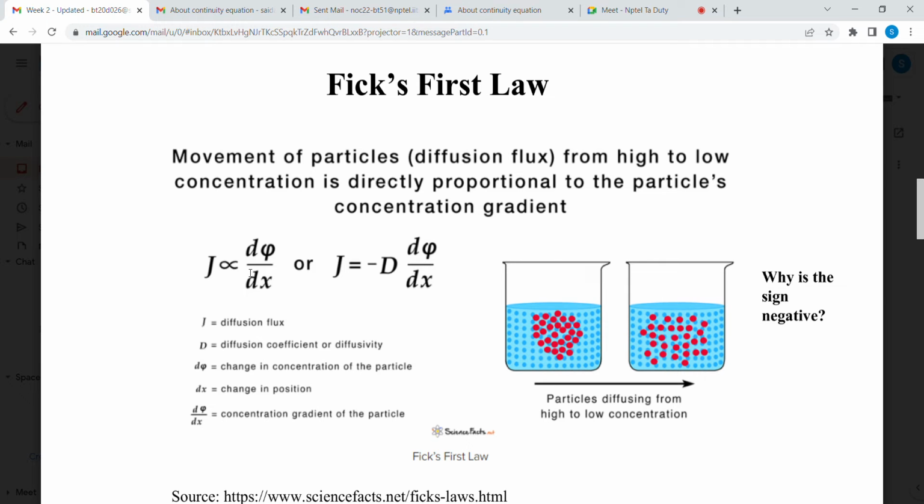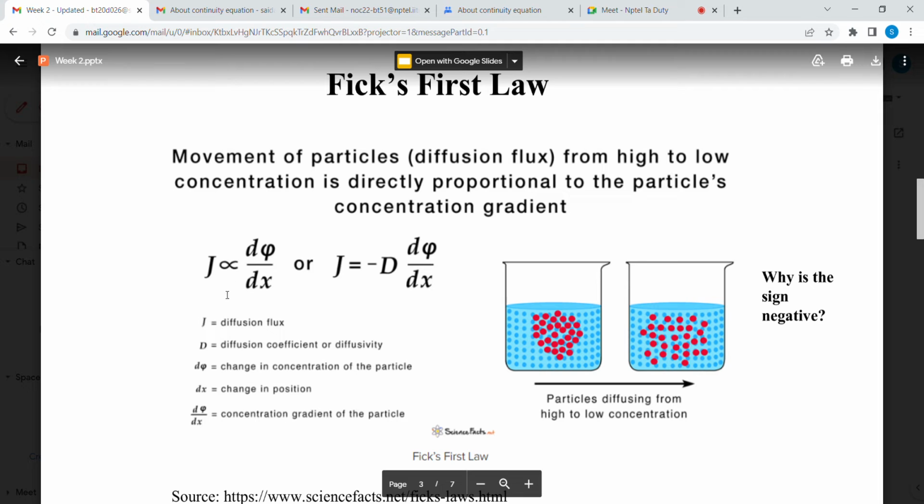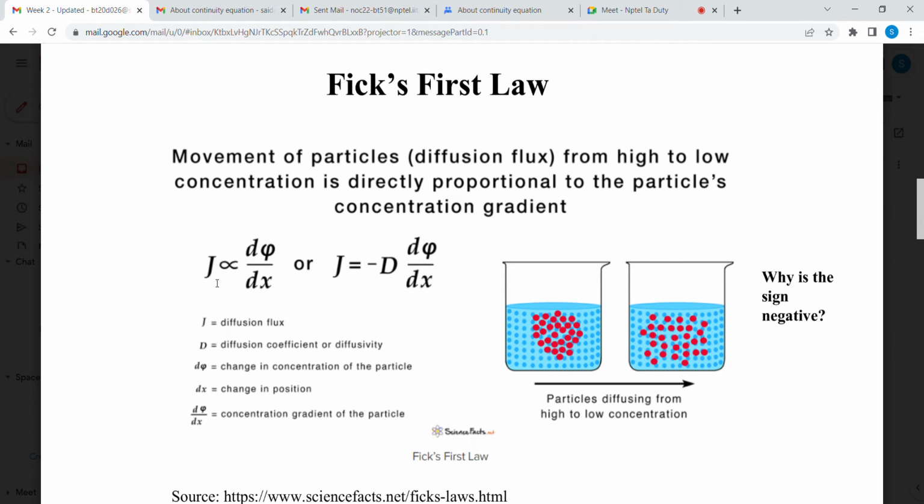So we have an equation here, if you can see. J is directly proportional to dφ/dx, or J is equal to minus D into dφ/dx. So J is the diffusion flux, D is the diffusion coefficient or the diffusivity of the system. We will come to that later.